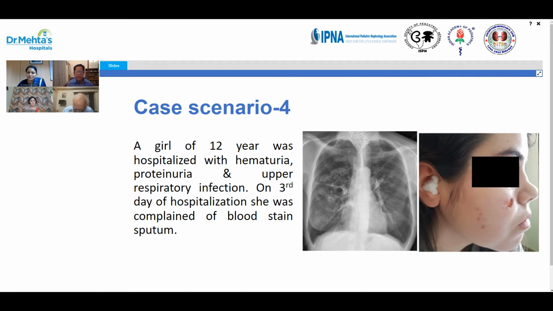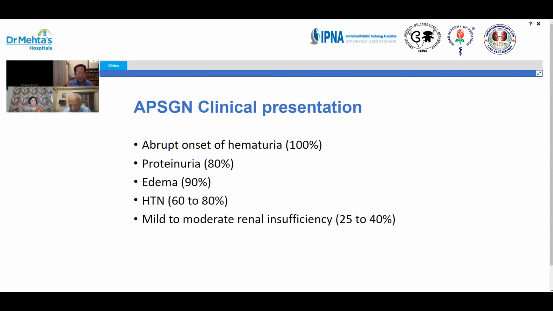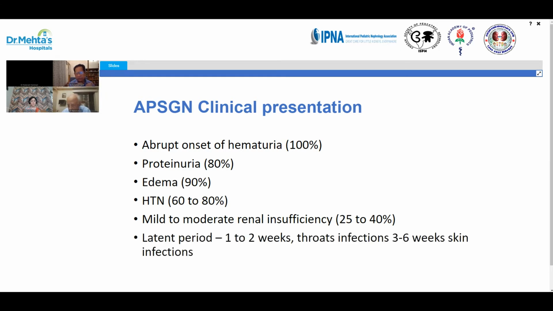So we'll discuss some of the clinical presentation of acute post-streptococcal glomerulonephritis. Most cases present with hematuria associated with proteinuria, edema, hypertension, and mild to moderate renal insufficiency. In most cases of post-streptococcal glomerulonephritis there is a throat infection, and this occurs 1 to 2 weeks after the throat infection.